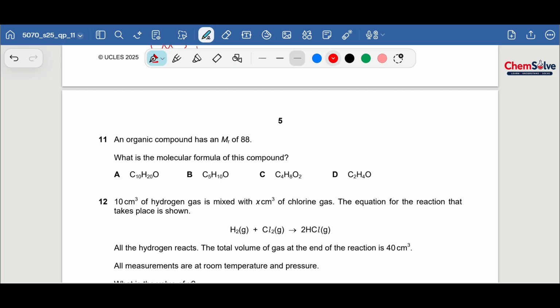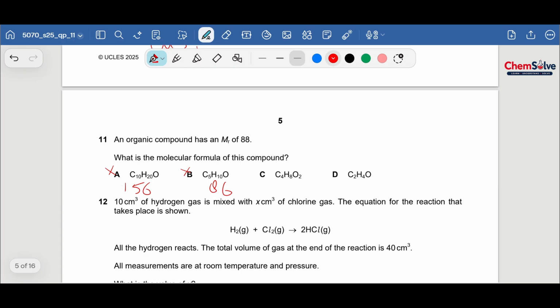We will add all of them, and the answer is 156. So obviously this is not the option. C5H10O, we will multiply 12 with 5, and for hydrogen we will multiply 1 with 10, and lastly we will add 16, that is the AR of the oxygen. It will make 86. So again it's a wrong option.